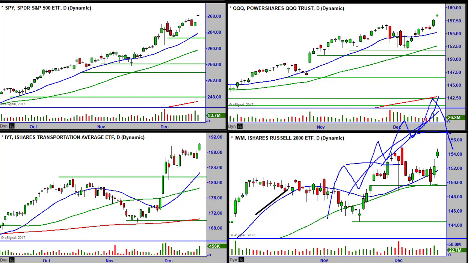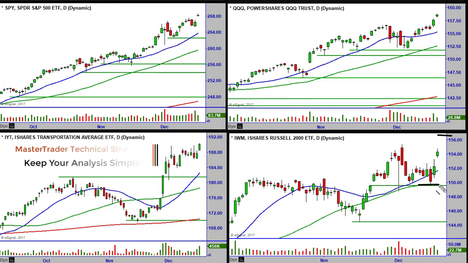So, as it relates to these markets, they're all in uptrends. Now you'll say, well, what about the Russell? It hasn't made a new high yet. Well, it doesn't have to. Every pullback toward support is in an uptrend. The assumption is it'll make a new high. But once it makes a new high, you mark off the swing low.